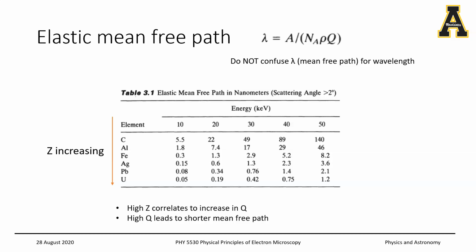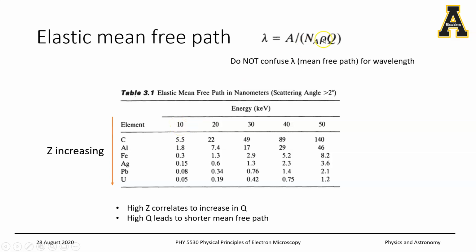In this case, you define the scattering length or the mean free path of the electrons as a function of the Avogadro's number, the density, and the scattering cross section, right? So if you increase the Z number from carbon to uranium, you see that the mean free path is going down, right, for a given energy of the electron.